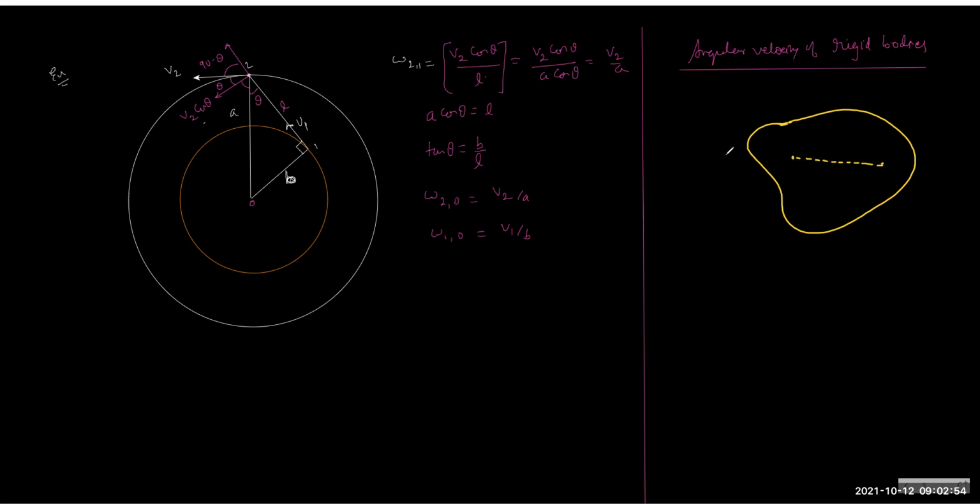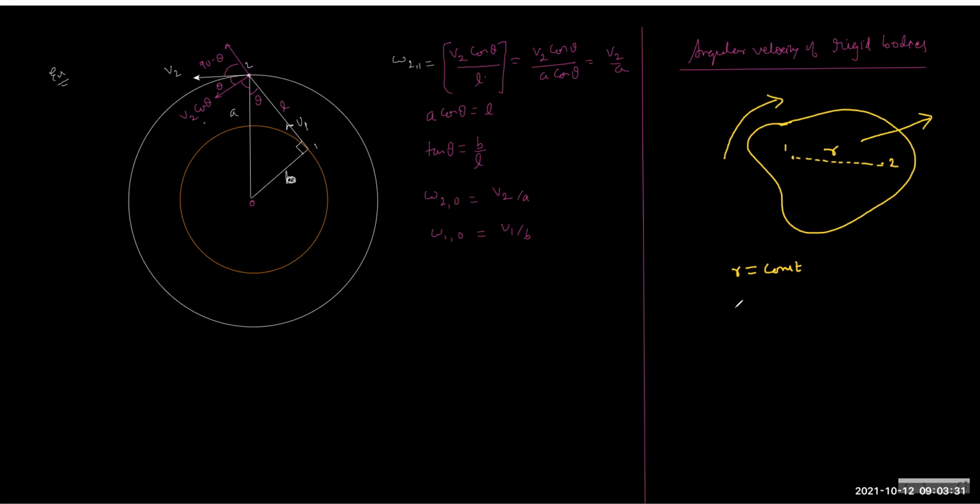So no matter how much it rotates or translates or does whatever, the separation between any two randomly taken points within a body will remain fixed. That is the core idea about rigid bodies, that the separation between two randomly chosen points will be constant. So the R is constant.